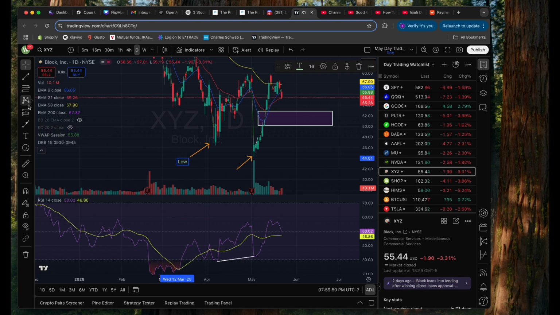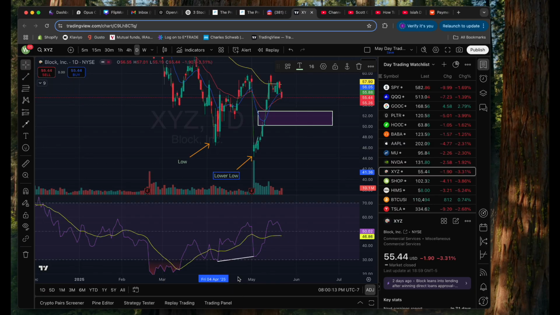And then you have a lower low right here. Okay. Now, don't be afraid of these lower lows. You actually want lower lows, okay? So it needs to be a lower low from the previous low on the actual chart, okay?